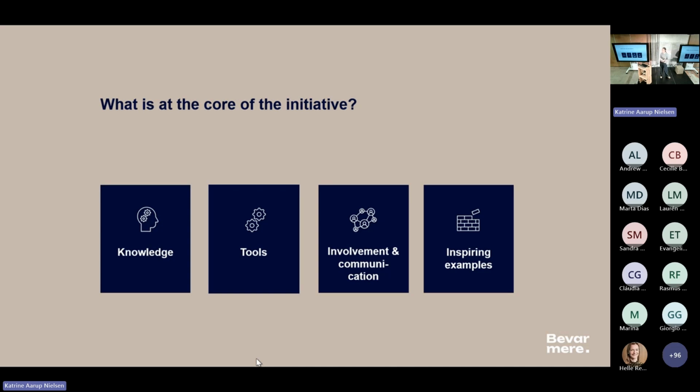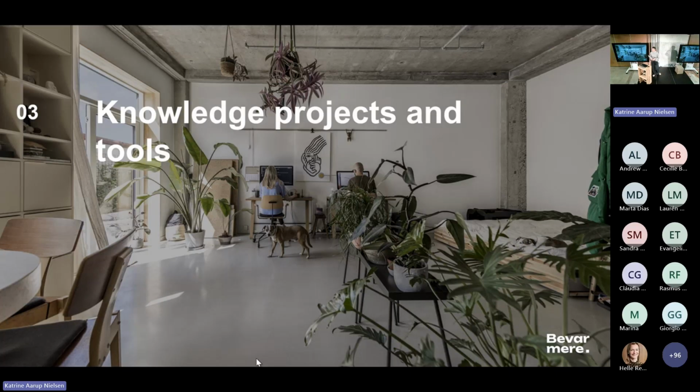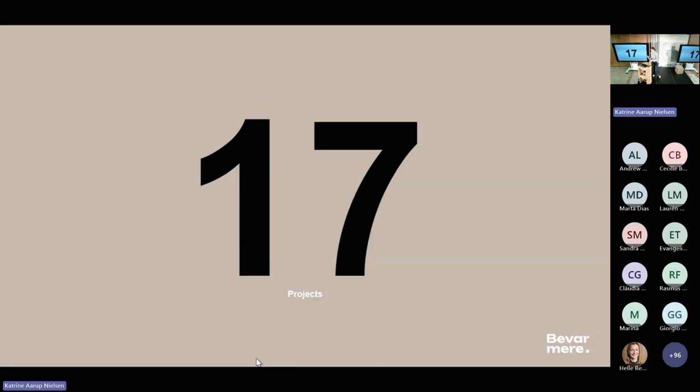Then we also support involvement and communication activities, and we support the demonstration projects as inspiring examples. So I will now dive into the knowledge projects and the tools, because this is the activity that we're currently working on. And we have just actually initiated 17 projects.